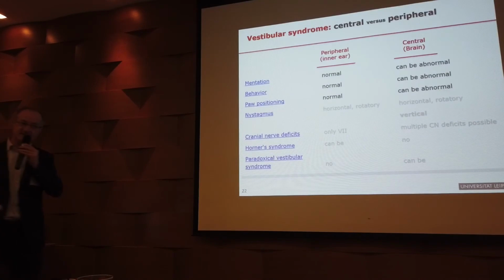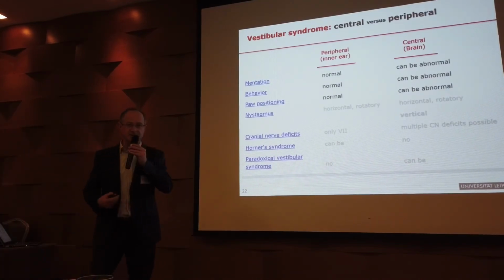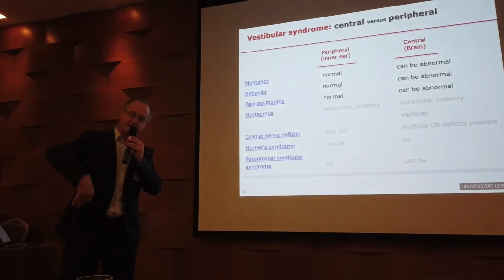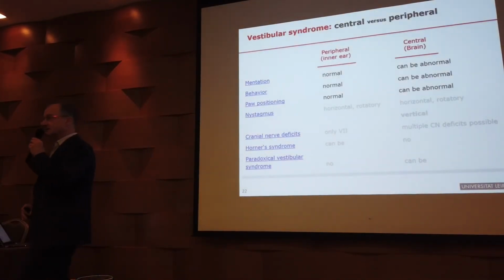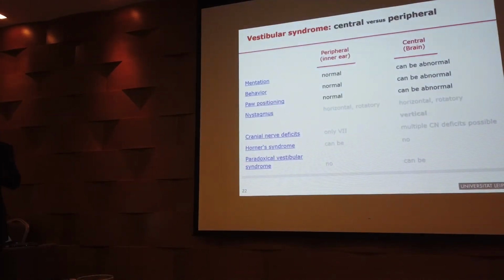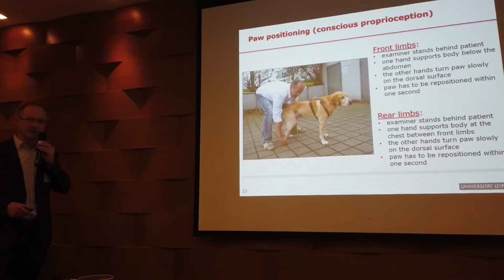I can turn that sentence around again. If you find an abnormal mentation in a patient with vestibular disease, or if you find reduced conscious proprioception in a patient with vestibular disease, you more or less know that the underlying pathology is in the brain. And that's why I believe it's so important to perform conscious proprioception in the correct way.